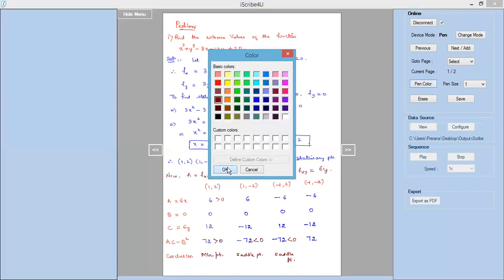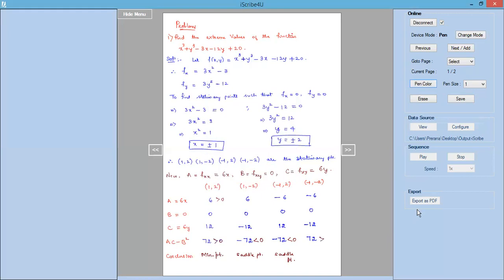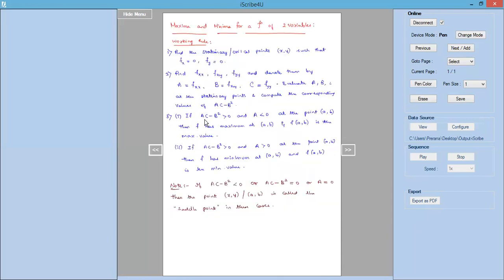So since AC minus B square is positive, we now look into capital A. Capital A is negative. Again, from the theory, we will recall, if AC minus B square is positive and A is negative at the obtained stationary point, then F has a maximum value at that point.